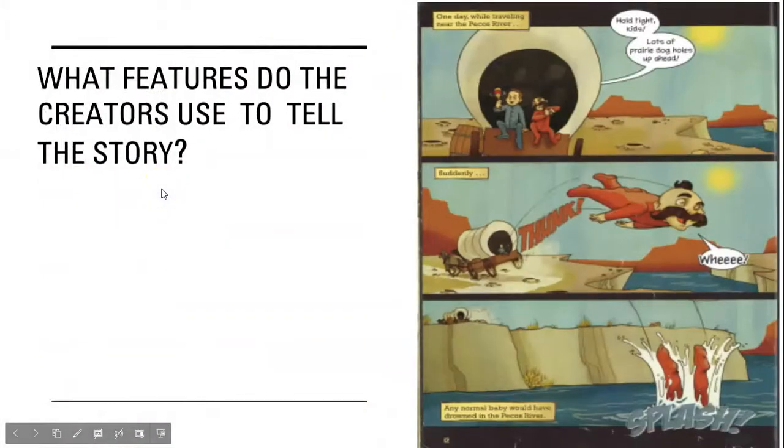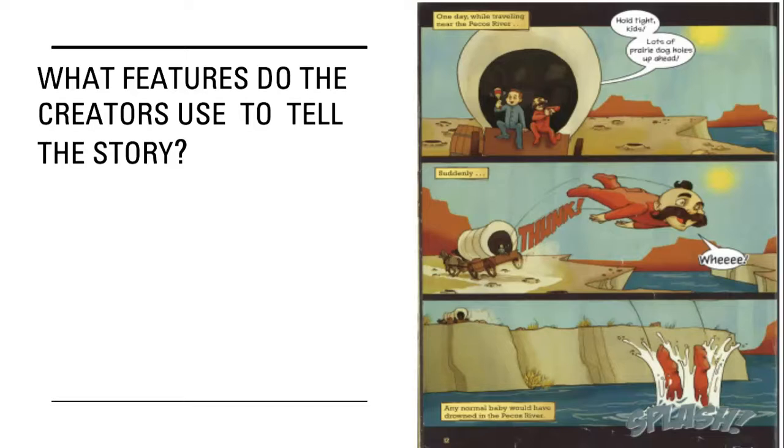All right, so my question, guys, what features do the creators use to tell the story? Now, I want to stop here, and you see in my question I use the word creators because in our normal text we usually have an author, and then we have an illustrator, but in the comic book world and the graphic text world, we use the word creators to refer to anybody that helped create the text.